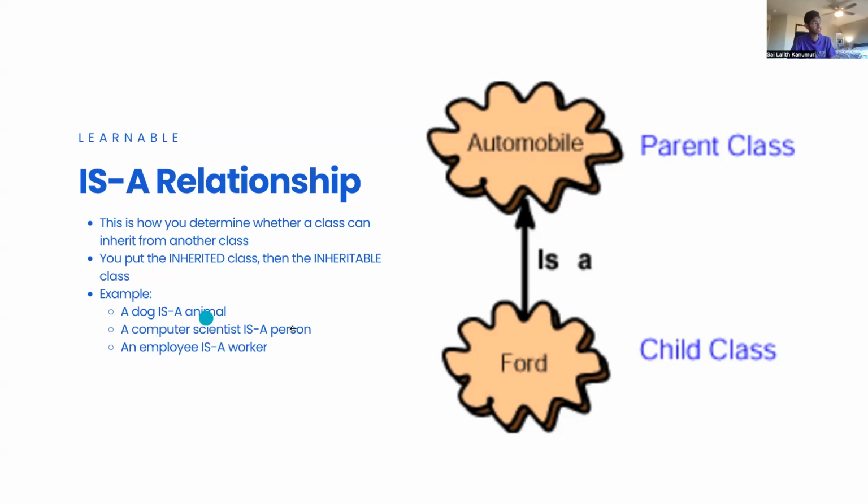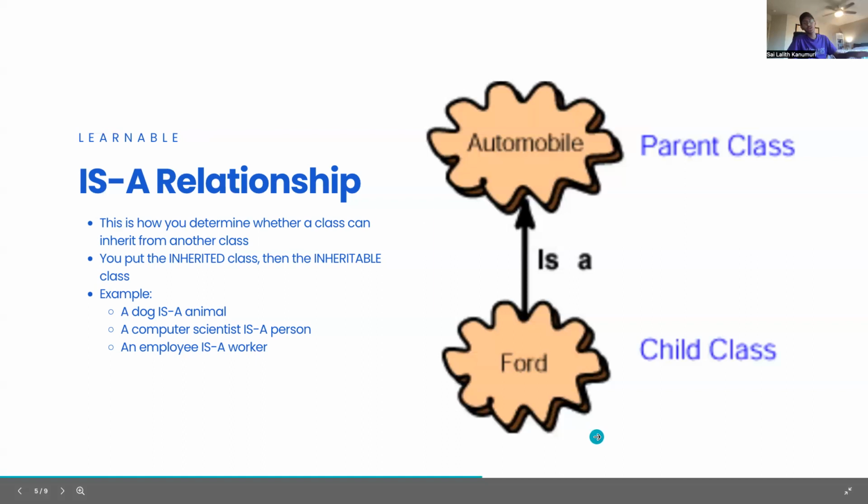So for example, a dog is an animal. Dog is the child class and Animal is the parent class. Hopefully that makes sense. So from the is-a relationship, you can easily tell whether this design is correct, and which class is the child class and which class is the parent class.